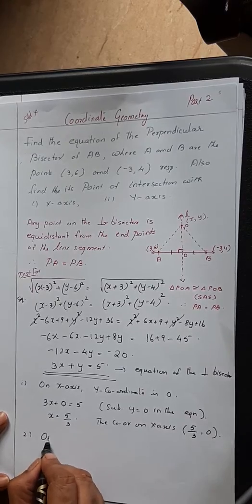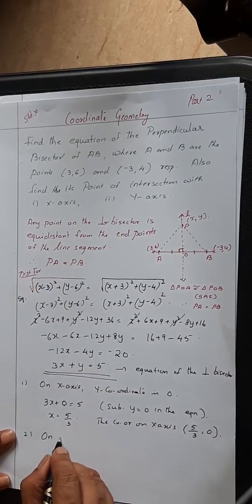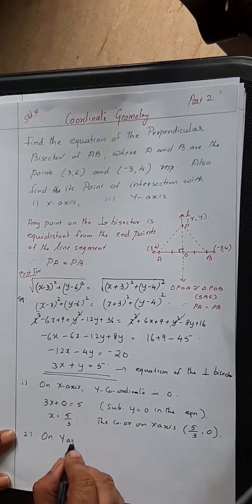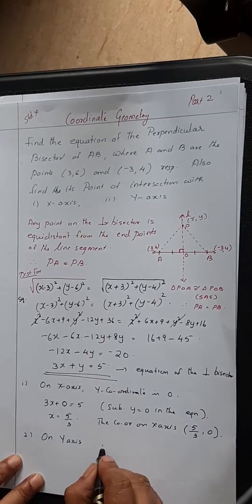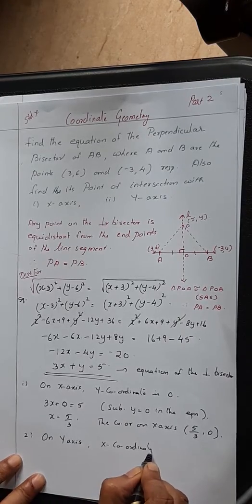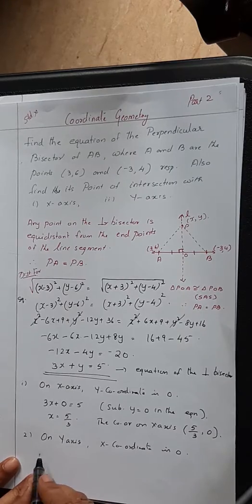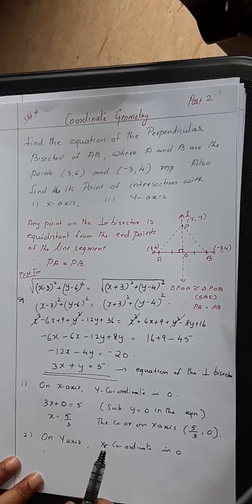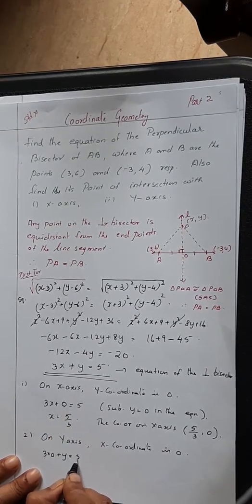Now on the y-axis, that is when the perpendicular bisector meets the y-axis, we have to find the point of intersection of the perpendicular bisector with the y-axis. So on the y-axis, the x coordinate becomes 0. So substituting x equal to 0 in the equation, 3 into 0 plus y equal to 5.